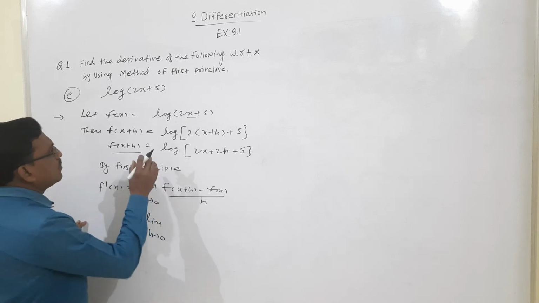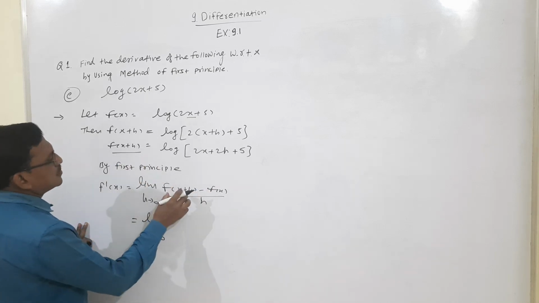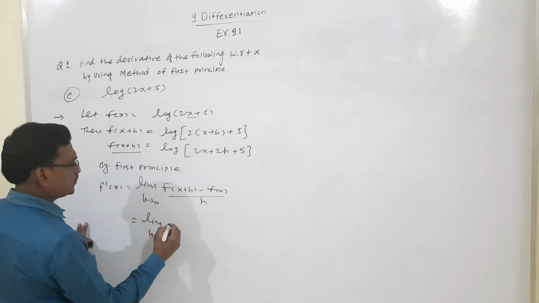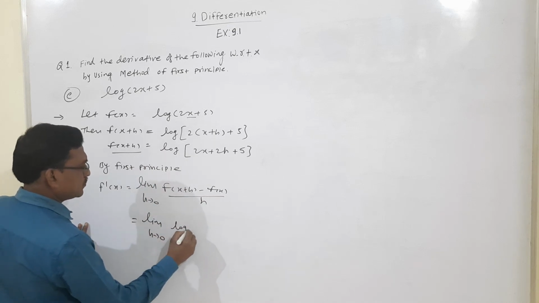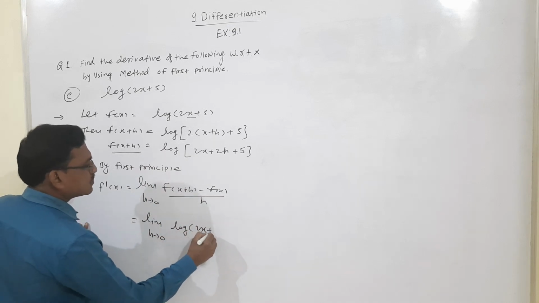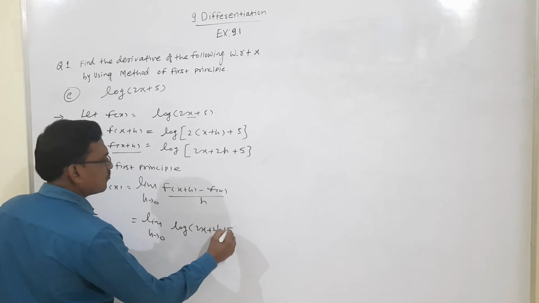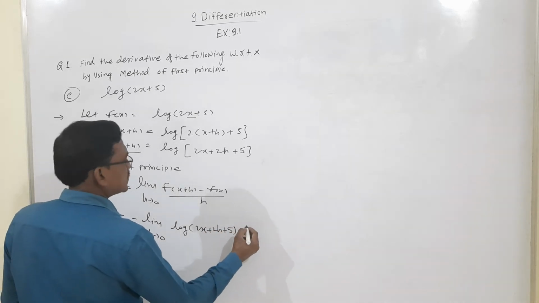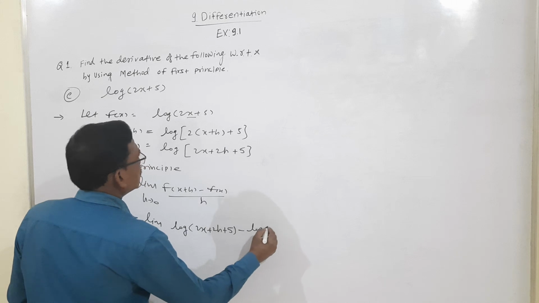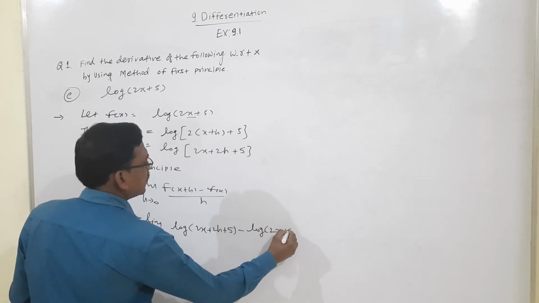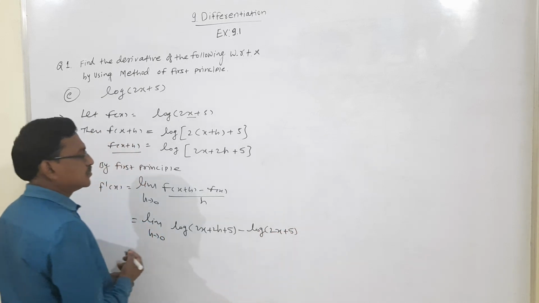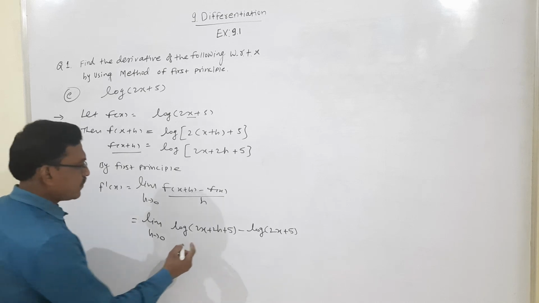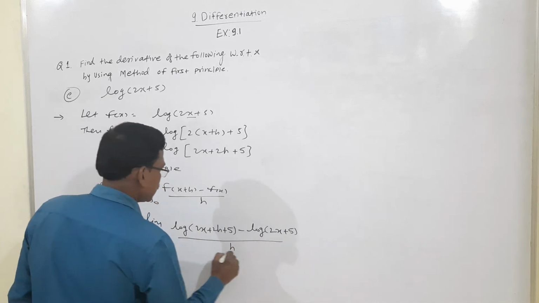So substitute the value of these two functions: log of 2x plus 2h plus 5 minus f of x, which is log of 2x plus 5, whole divided by h.